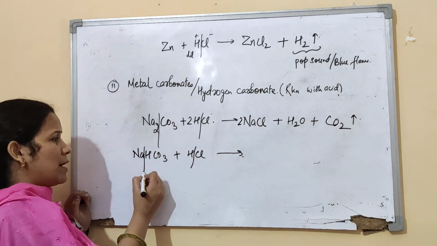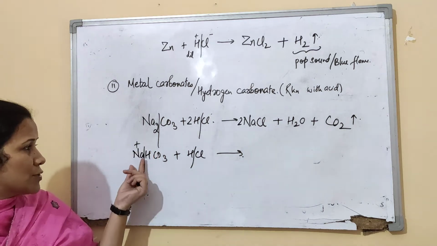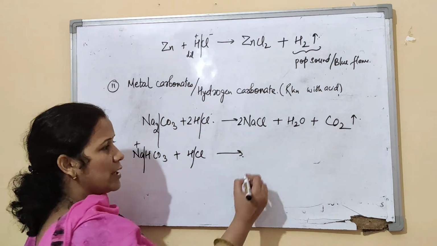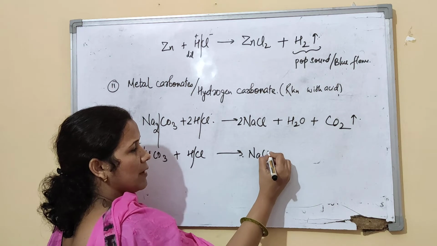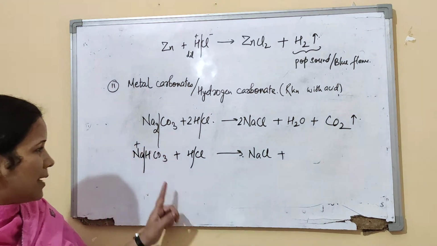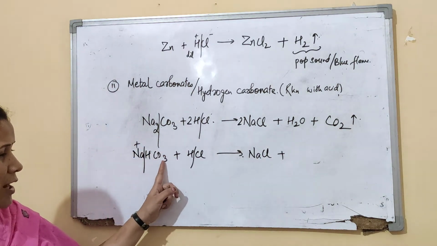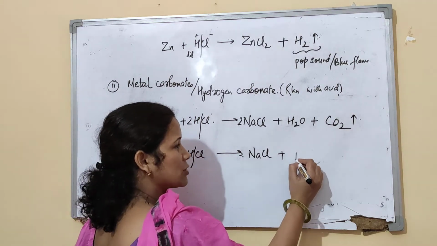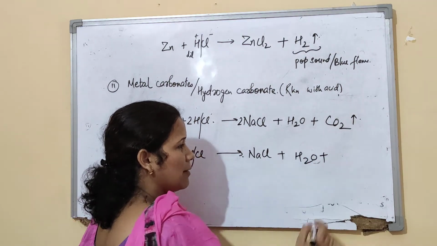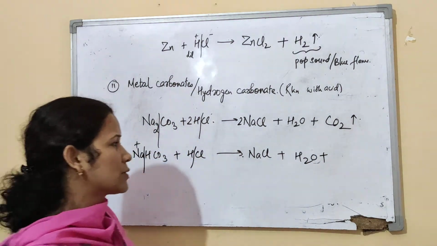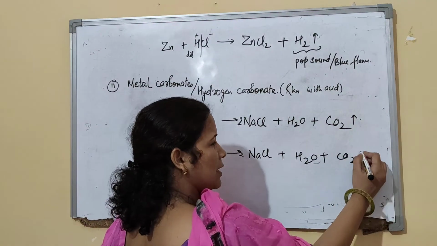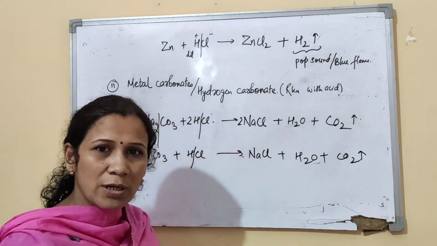The positive part is sodium, isn't it? So again it will give you NaCl, plus, I told you the rule, the extra hydrogen and oxygen will come out as water, plus carbon dioxide. Just the products are absolutely the same.